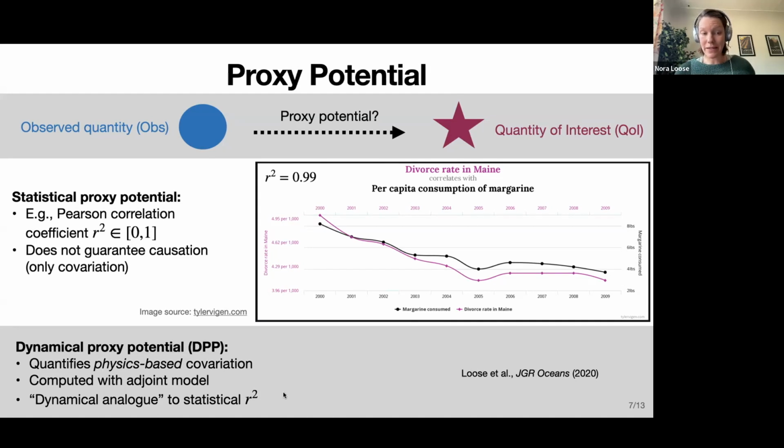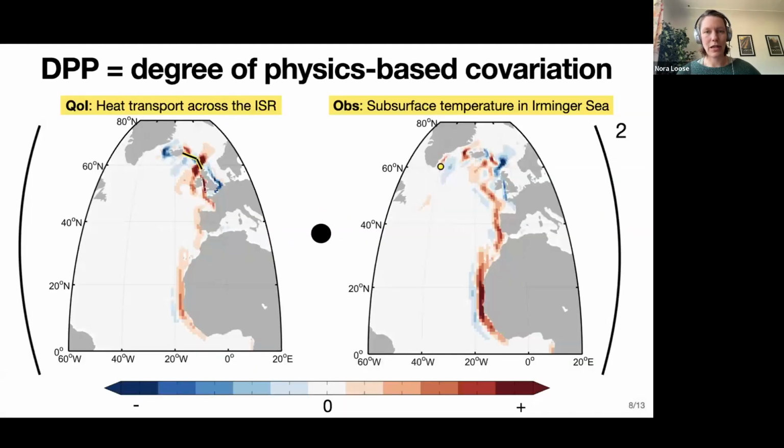So let's apply this concept of dynamical proxy potential to the example that we've looked at in the first part of the talk. Let's say our quantity of interest is heat transport across the Iceland-Scotland Ridge, and we have an observed quantity by OSNAP, namely subsurface temperature in the Irminger Sea. Now we can ask, what's the dynamical proxy potential of our OSNAP observation for our transport quantity of interest?